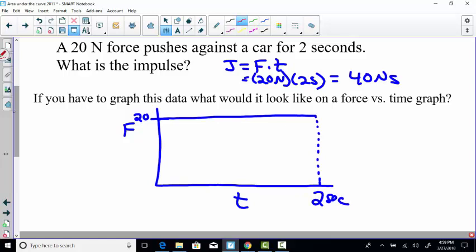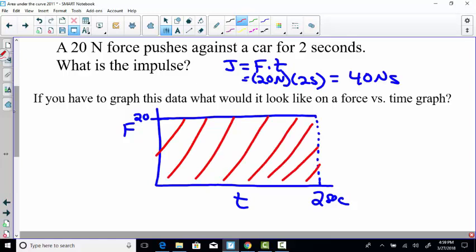If you look at this graph, I have this area underneath this curve. We did this a while ago with distance and velocity graphs. I can actually calculate that area. The area is the length times the width.